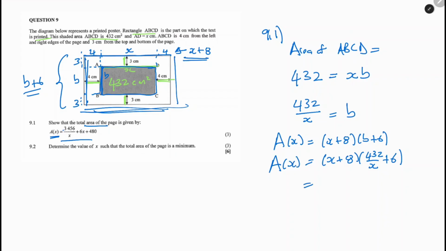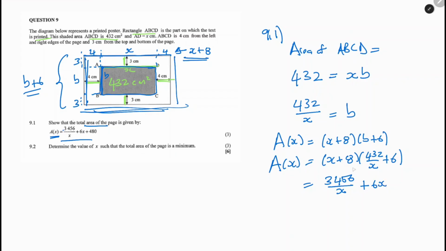And if you simplify this, you do indeed get that. For example, if I take these two terms multiplied by each other, I'm going to get 3456 over X. If I take X and the 6, then I'm going to get plus 6X.